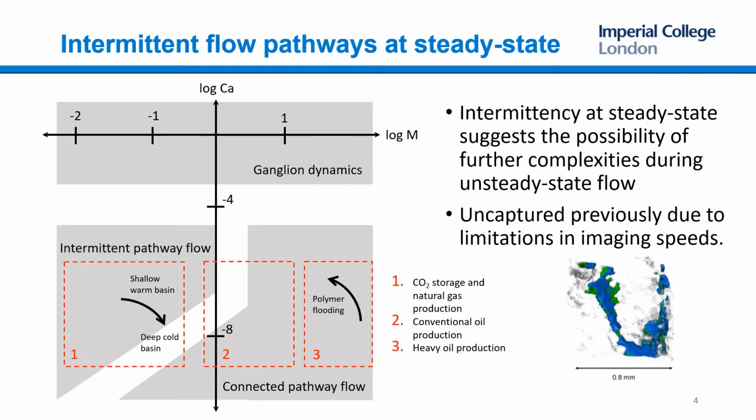And what I show here on the left is, on the y-axis, the capillary number, and on the x-axis the viscosity ratio, which is just the ratio of the two fluid viscosities in the system. For three typical scenarios, I have marked out the typical capillary number and mobility ratios expected in the subsurface.